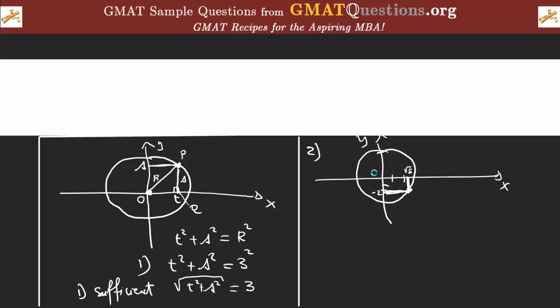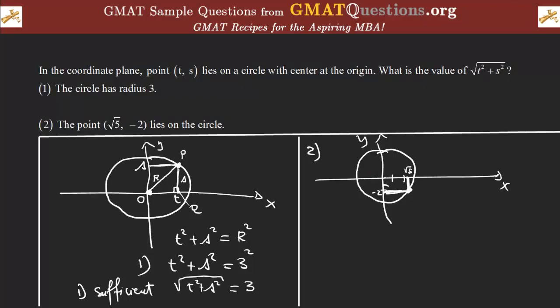Now, we can draw again the radius of the circle by connecting the origin to this point. We can call this point P1 to distinguish it from this P here. So OP1 is the radius of the circle, it's R also.